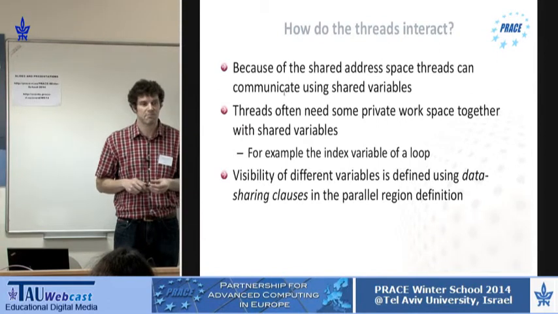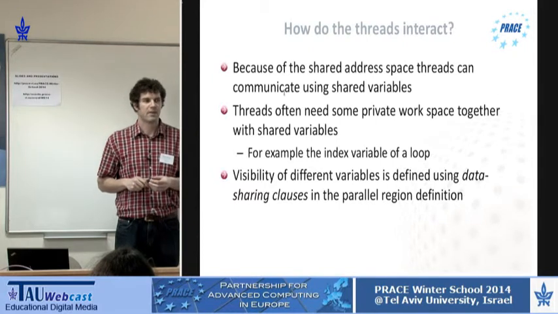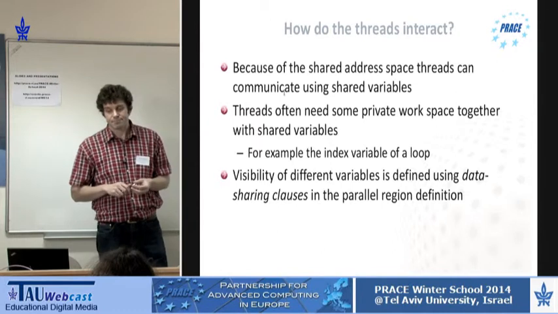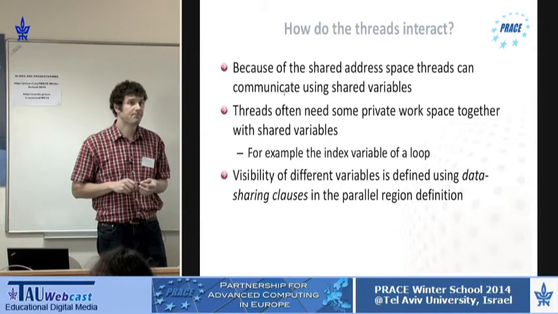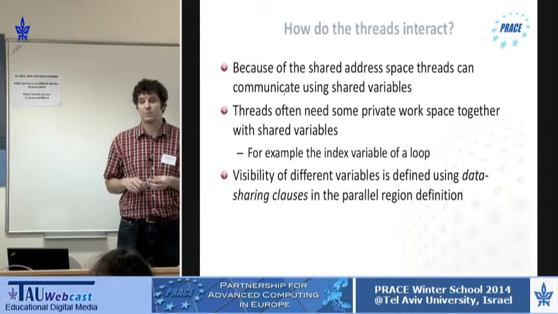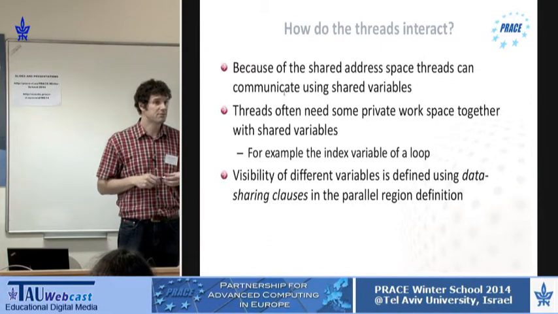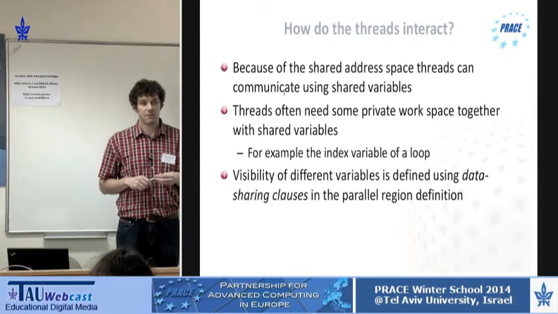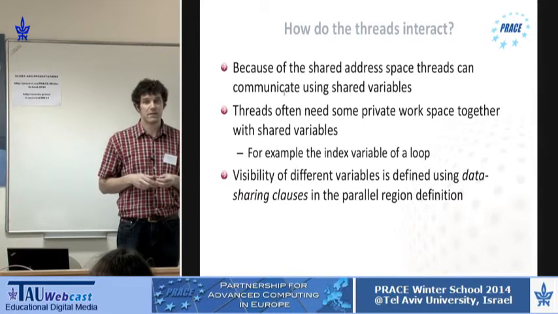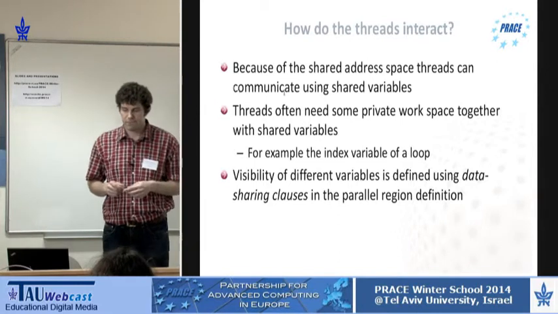So for that reason, to get rid of these kinds of race conditions, one can also use directives that specify the visibility of different variables within the parallel region. Should they all be shared between all the threads, or should they be private to the thread?